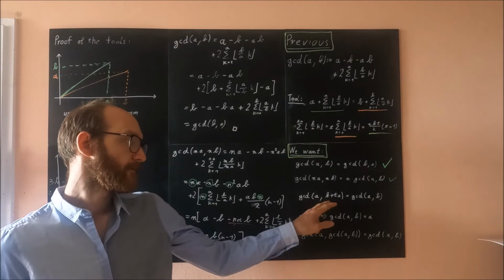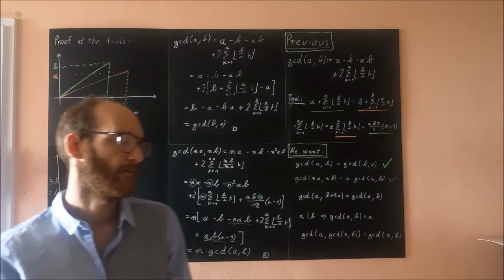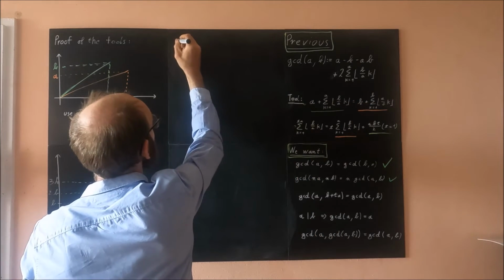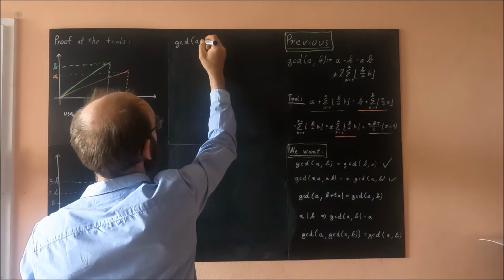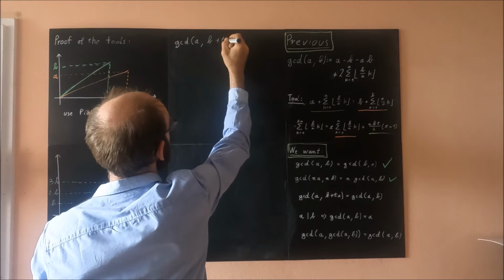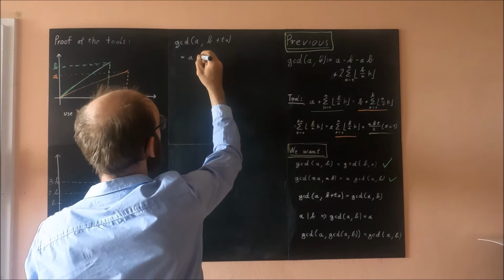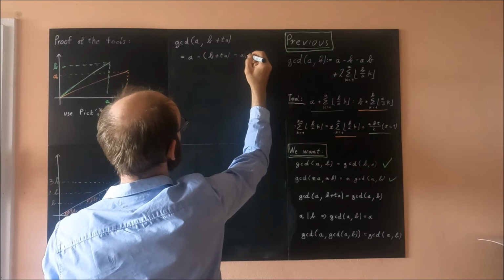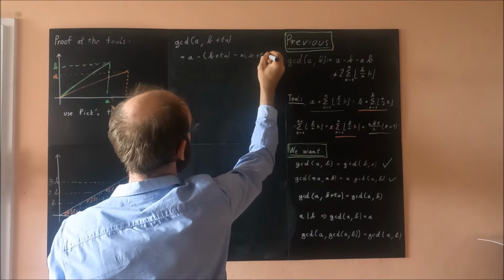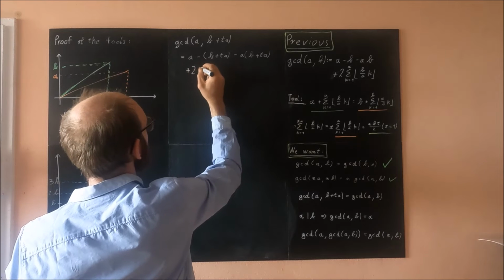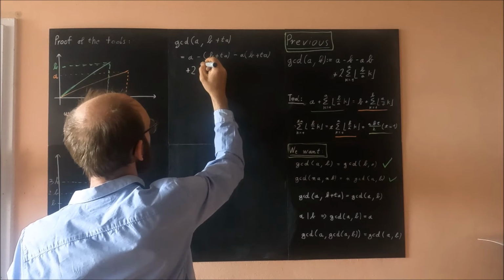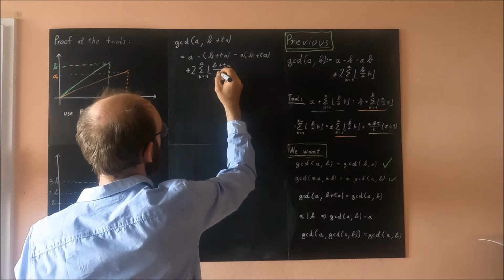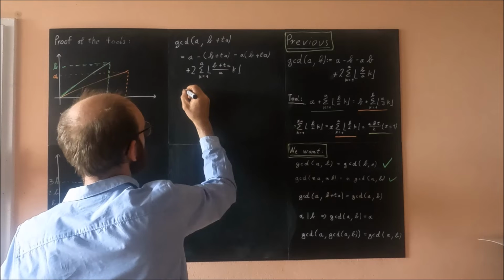For the third statement, I clean up the board and come back. Alright, so again we start on the left hand side. We have GCD of a and b plus ta. This is by definition a minus b plus ta minus a times b plus ta plus 2 times the sum where k runs from 1 to a of the floor of b plus ta over a times k.